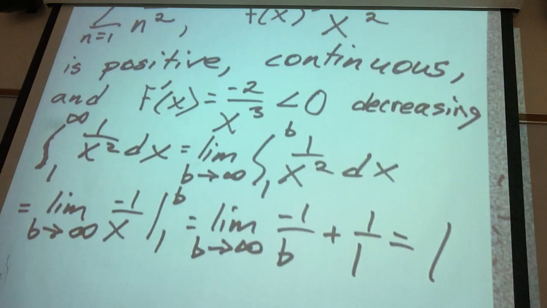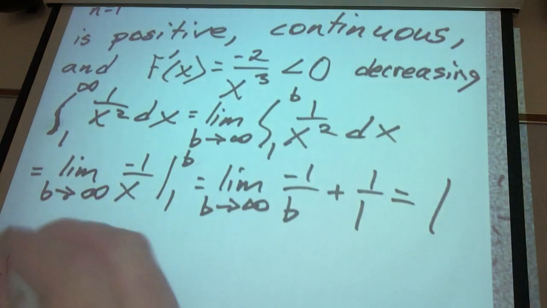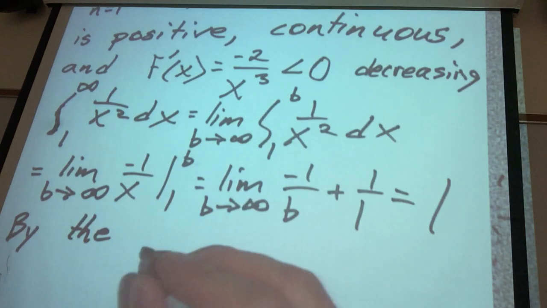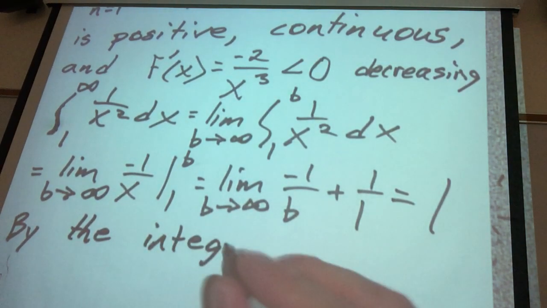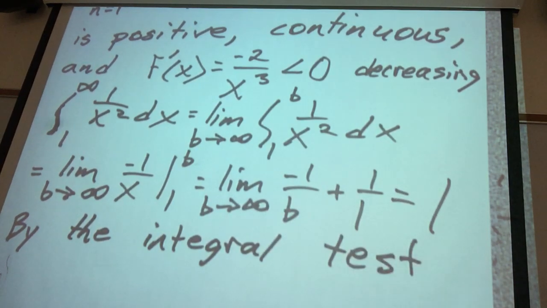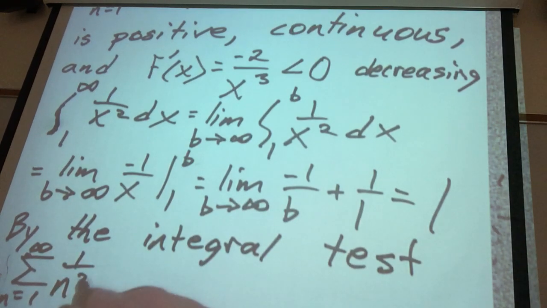All right? So what we say is by the integral test, the sum n equals 1 to infinity of 1 divided by n squared is convergent.